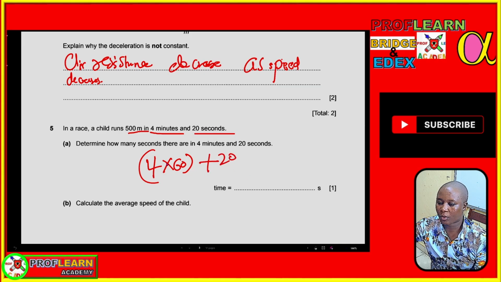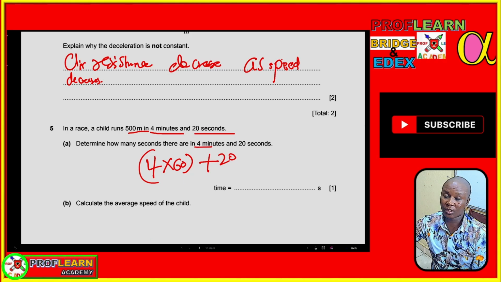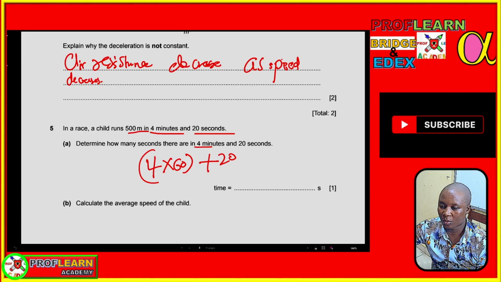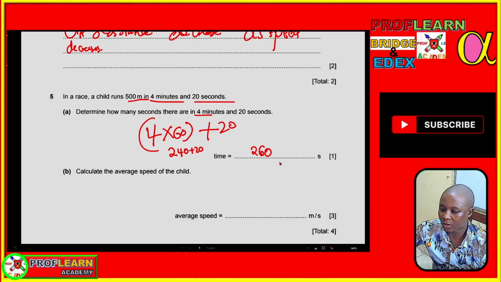Converting time in minutes into seconds, we multiply by 60, then we add 20, and that is 240 plus 20, which becomes 260 seconds.